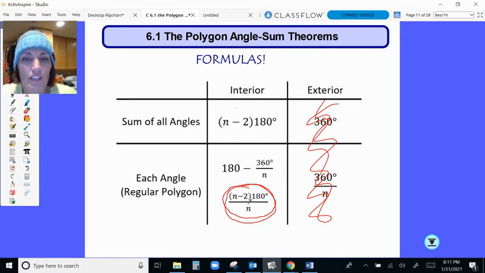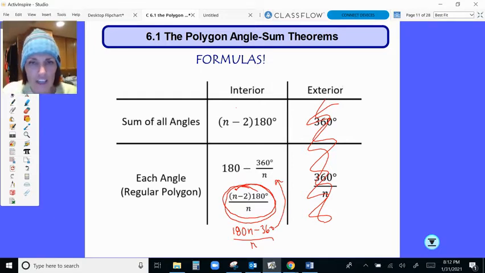If I distribute this, I get 180 times n minus 360, over n, and then I get this up here, which kind of makes sense because you can take 180 degrees and subtract all of the interior angles. You're taking away.